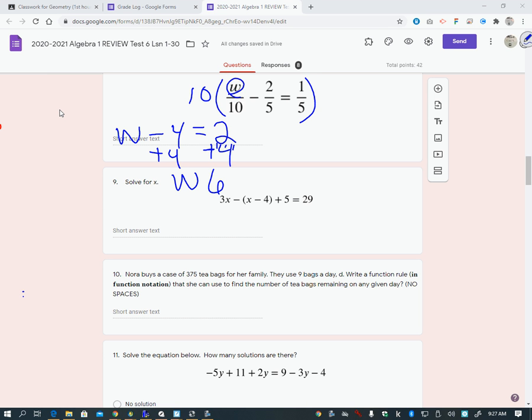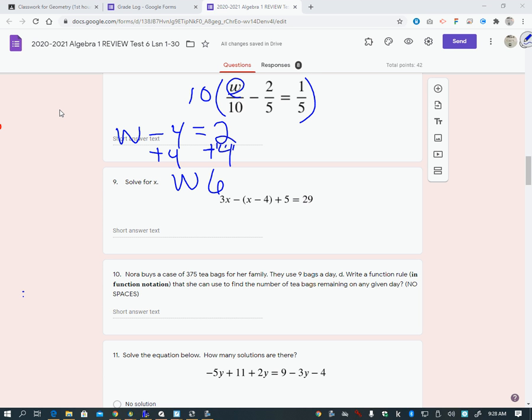All right, 10W. 10 times W divided by 10 is just W, right? 10 times negative 2 is negative 20, right? Negative 20 divided by 5 is negative 4, right? 10 times 1 is 10. 10 divided by 5 is 2, right?